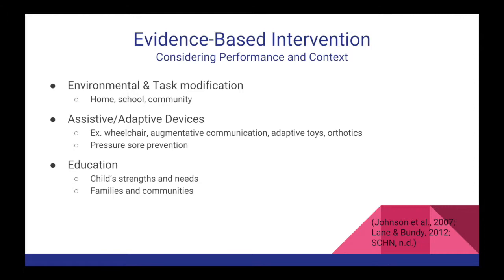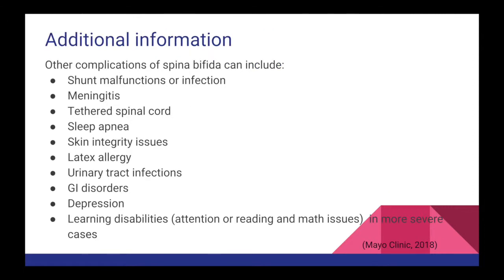So some additional information about this population is that there's a lot of complications that are associated with spina bifida. Some of this can include shunt malfunctions or infections. Meningitis is common in children with spina bifida. Tethered spinal cord, sleep apnea, skin integrity can be a big issue, especially if there is some mobility deficits and they are in a wheelchair for long hours at a time.